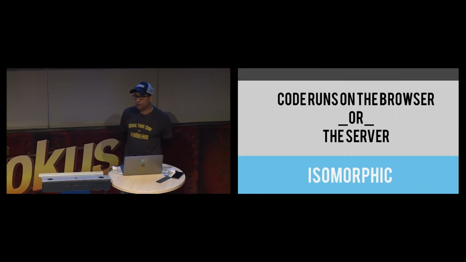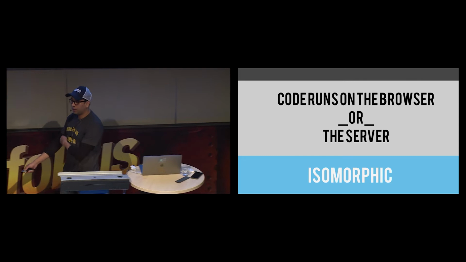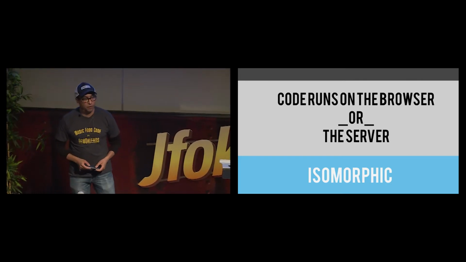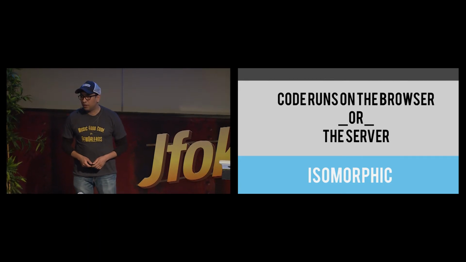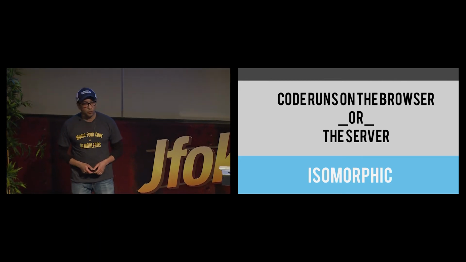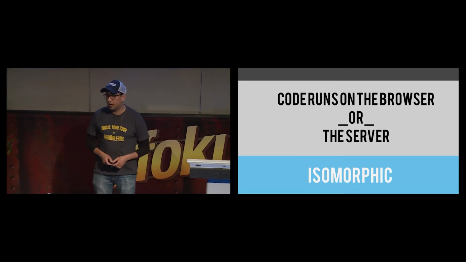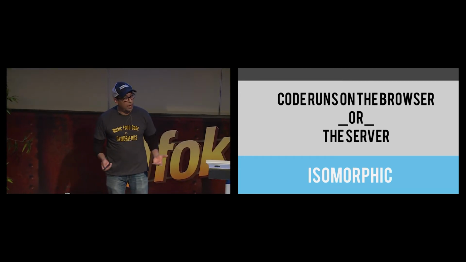So one of the first things from an architectural point of view about React is that it is what we call an isomorphic framework. I think the current jargon for isomorphic frameworks is SSR, or server-side rendering, or universal applications, right?